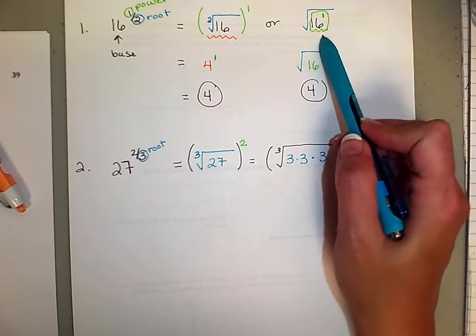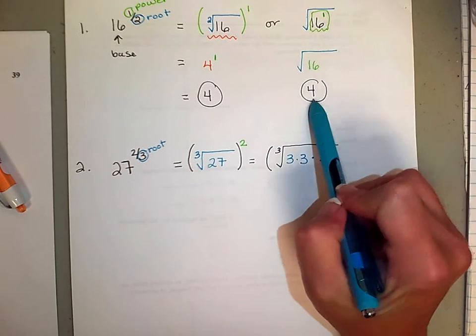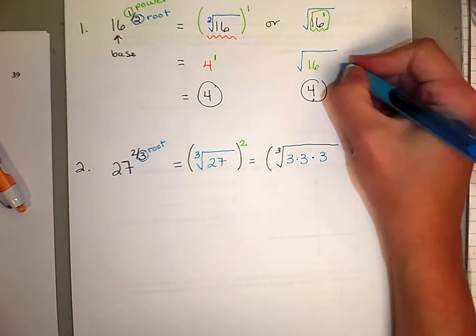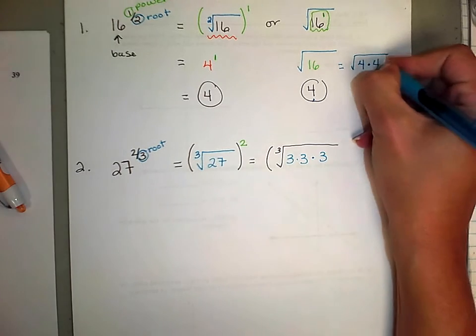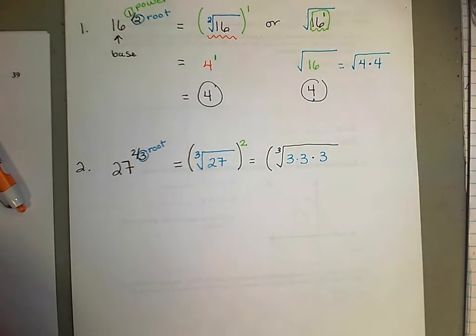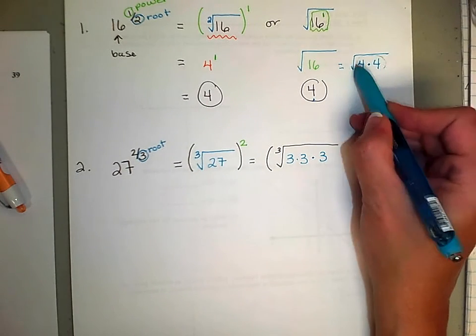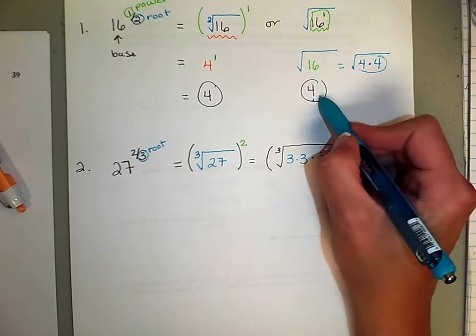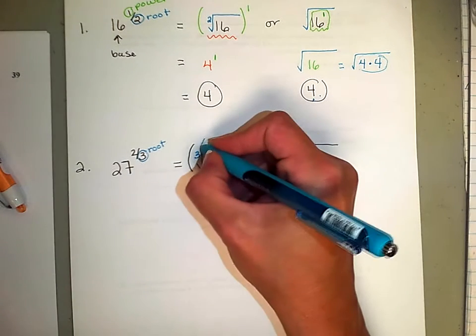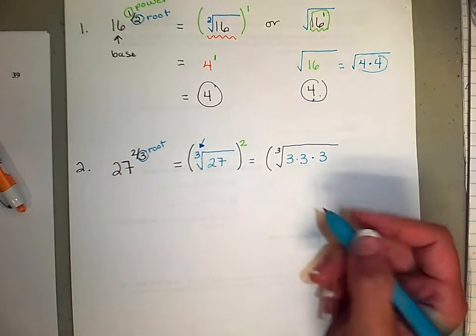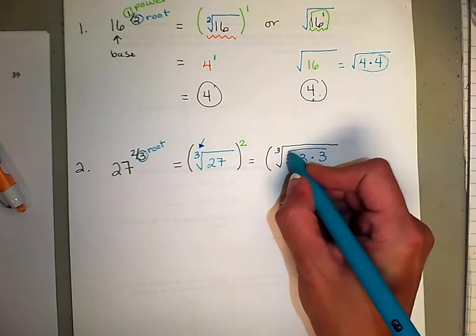Up top, we knew that the square root of 16 was 4 because the square root of 16 could be written as the square root of 4 times 4. So we had a group of 4s, and the square root of 16 is 4. Now, when we're working with a cube root, we're not looking for a group of 2, we're looking for a group of 3.